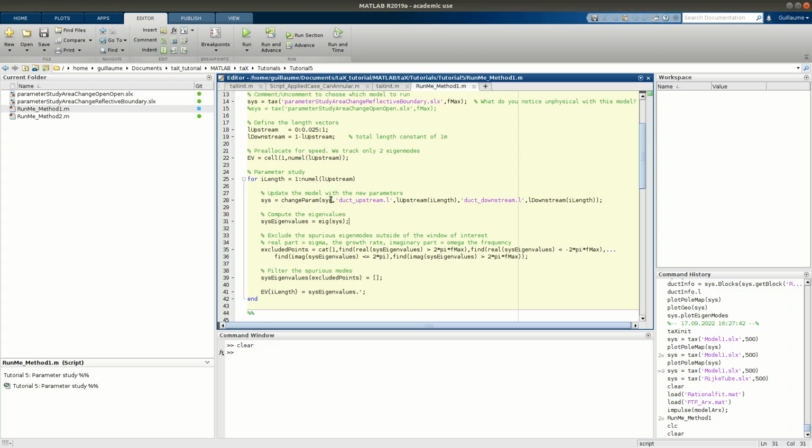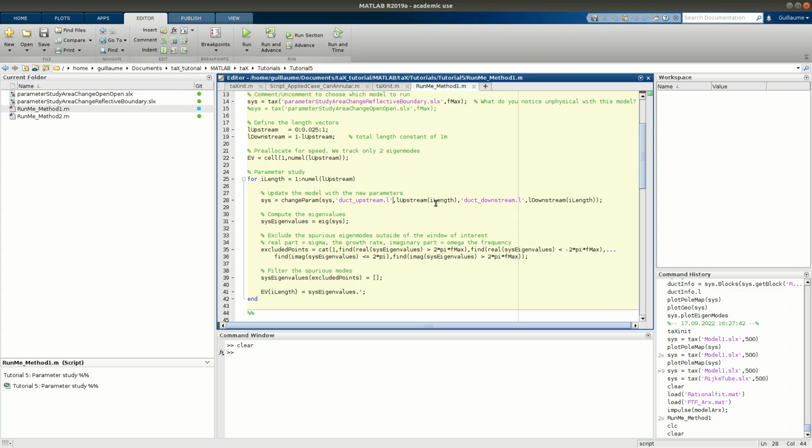Here it will change both parameters at the same time, then it will update this element, so the TX model will be updated. Here we changed only acoustic parameters. The lengths we changed have only an impact on acoustics.